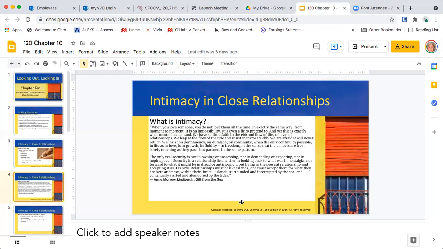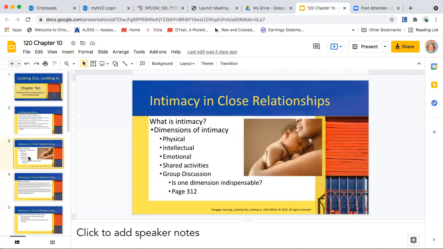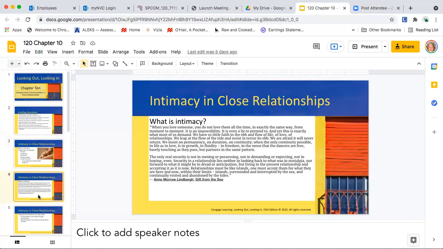So another way to think about intimacy, what I like to say is, it's really another way to say intimacy is into me see. So all of the categories that we explored, they all provide this possibility for vulnerability, right?